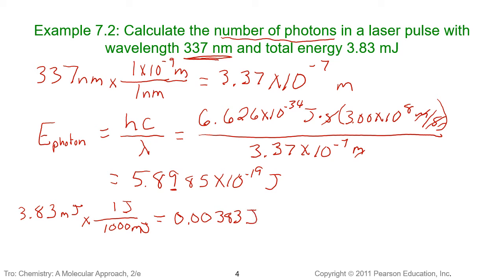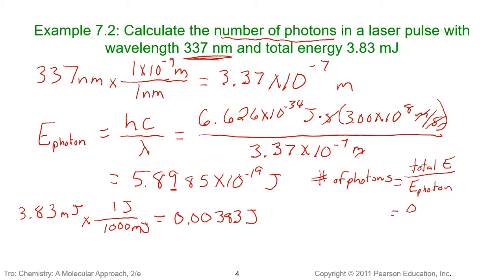And to calculate the number of photons, that is equal to the total energy divided by the energy of each photon.